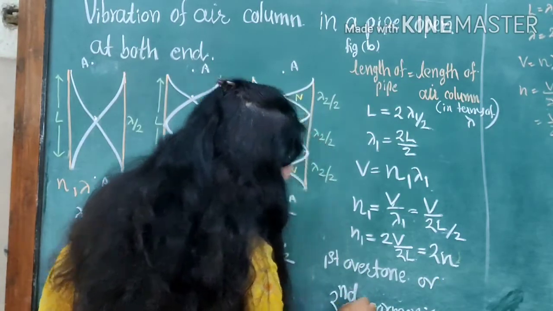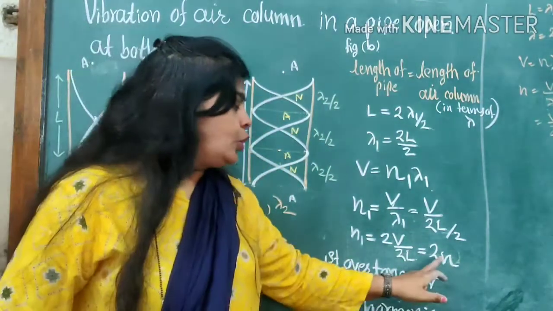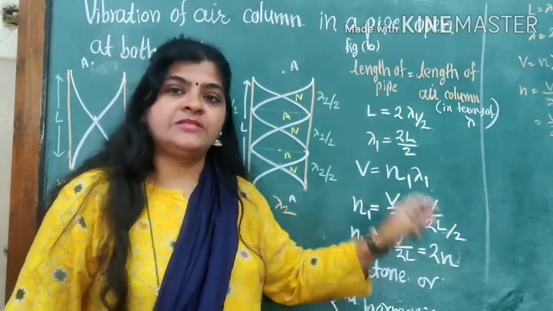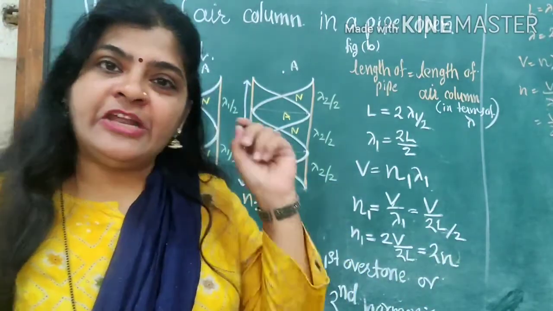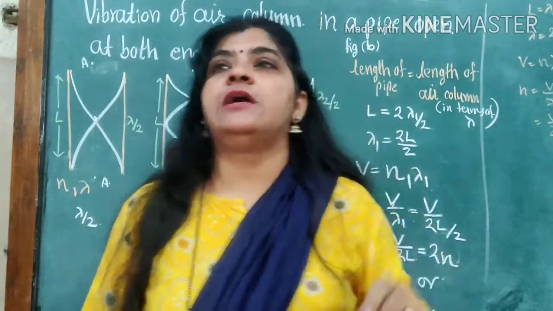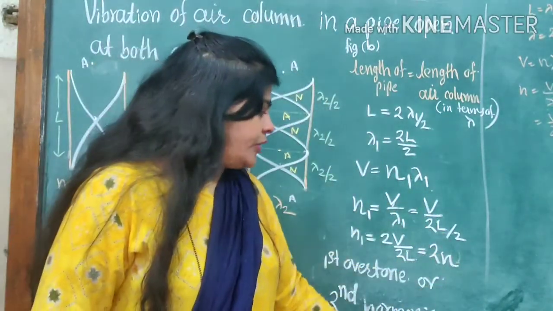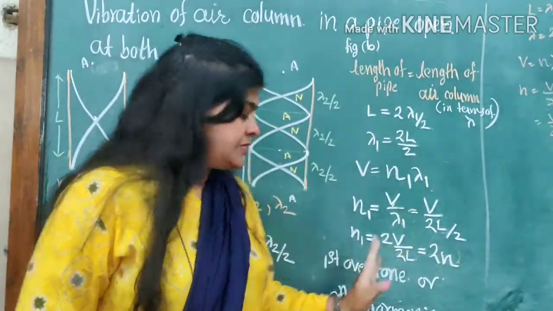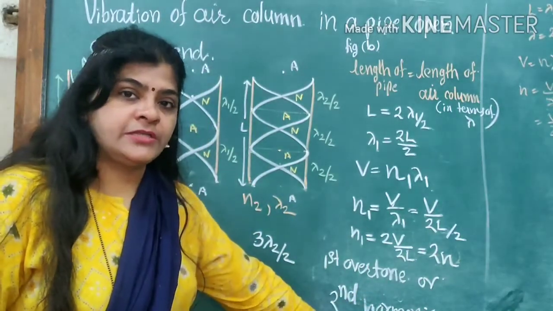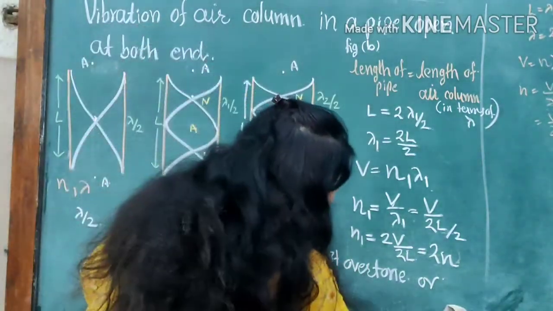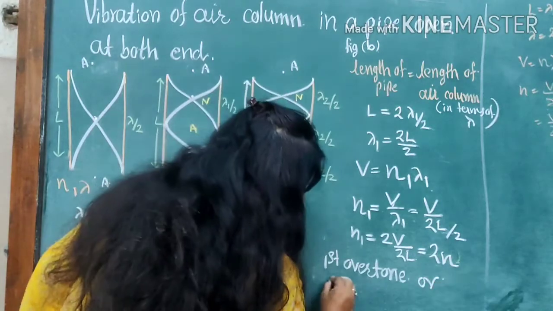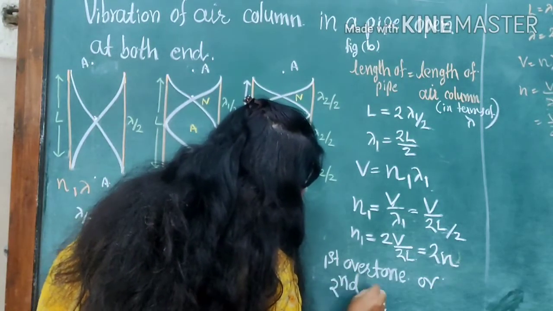Why is this called the second harmonic? See that the number 2 is mentioned. 2 means an integral multiple of the fundamental frequency, which is called a harmonic. Here 2 is mentioned, so it is the second harmonic. Got it?